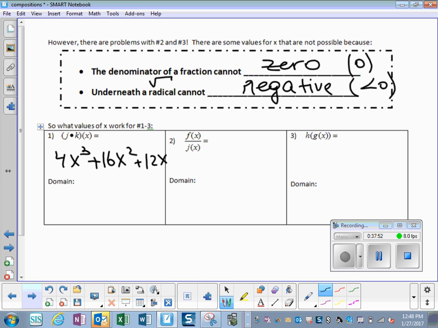We already determined it is unrestricted. All real numbers, so negative infinity to infinity. You can also use the set builder notation like this. All real numbers.